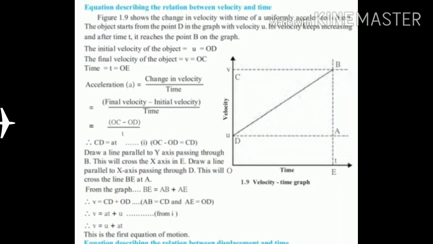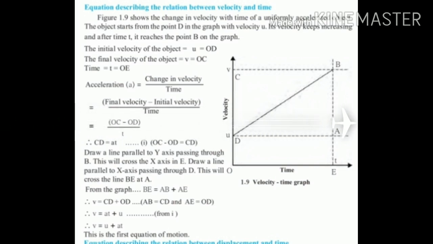Therefore, acceleration a is equal to change in velocity upon time. Therefore, acceleration is equal to final velocity minus initial velocity upon time. Therefore, a is equal to OC minus OD upon t. But OC minus OD is equal to CD.